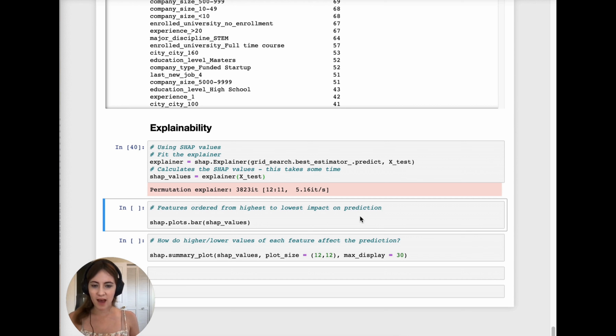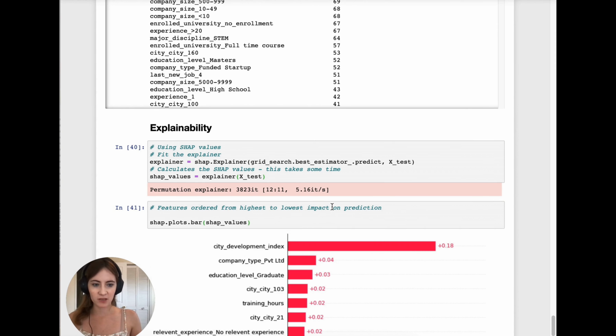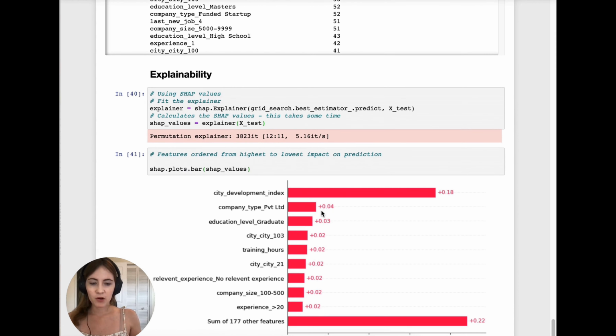Okay, so now that the explainer finished running, let's go ahead and run the next cell here. And this cell is going to plot the SHAP values that were just calculated. Okay, so here are the features now ordered from the highest to the lowest effect on the prediction. So it takes into account the absolute SHAP value, so it doesn't matter if the feature affects the prediction in a positive or negative way.